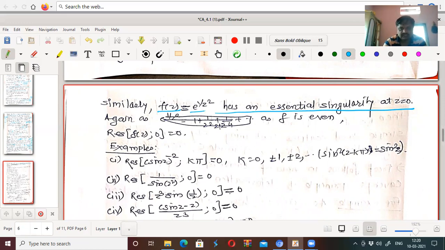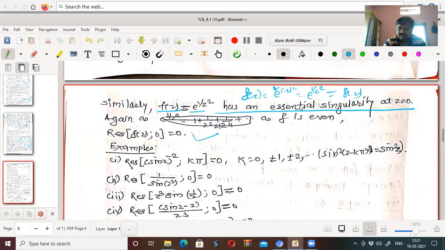Obviously even, because f of minus z equal to e to the power 1 upon minus z square, which is e to the power 1 by z square, which is equal to f of z. The function is even in powers of z. Therefore, the residue of this function at z equal to 0 is 0.